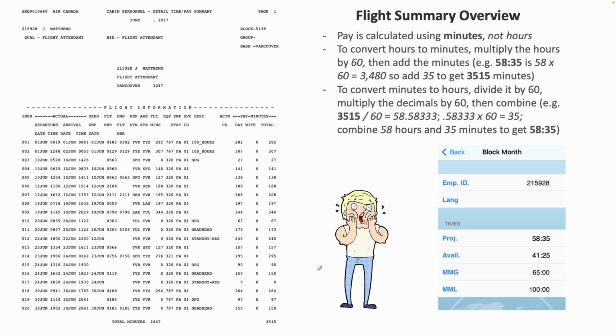If you want to do the math backwards, as far as converting from minutes to hours and minutes format, we can take those same 3,515 minutes and we can divide that by 60. That gets us 58 hours, but then we have a fraction after that. And of course, we don't tell time using decimals, we tell time using minutes.